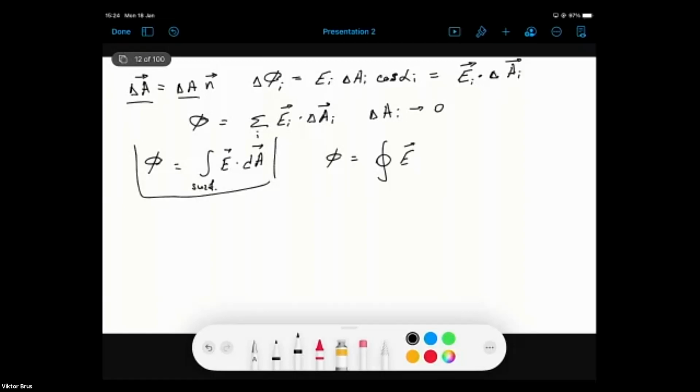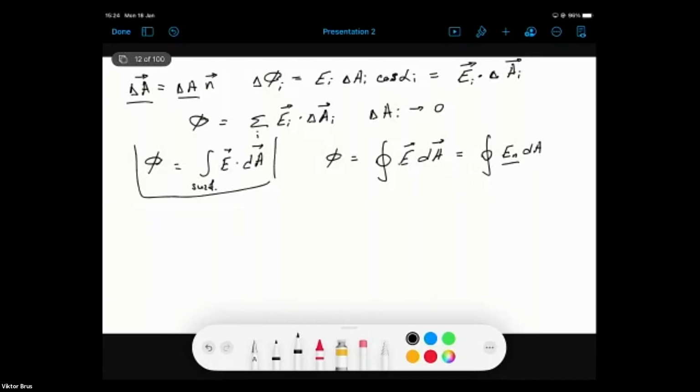And here we write that we integrate the dot product of the electric field vector and this small element area vector, and this can be represented without vectors as the integral over the closed surface of En times dA, where En stands for the component of the electric field vector projected on the direction of the normal to this small surface element dA.